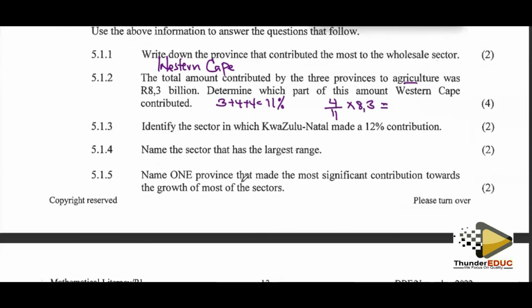All right. So out of that, how much do you have? Don't forget to leave it as a billion. It's not a must that you should change it unless stated otherwise. So this is 3.018 billion. Leave it like that.